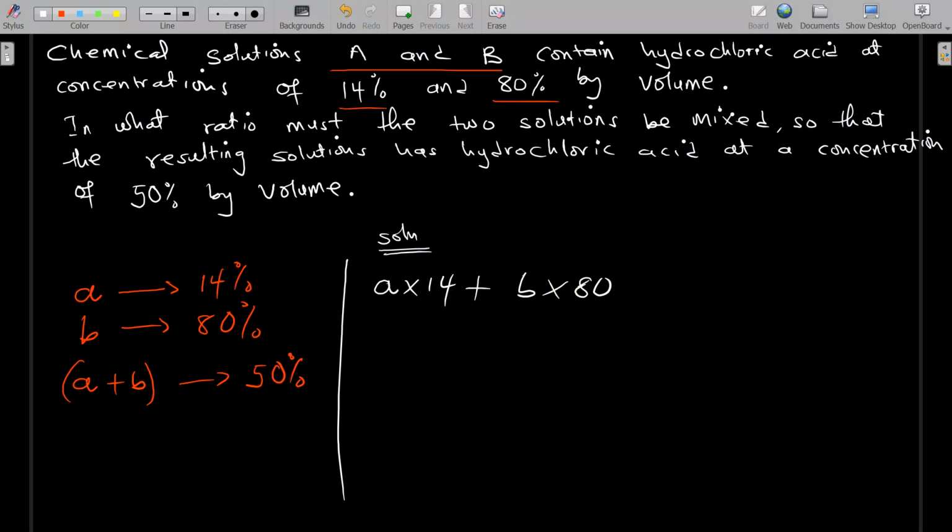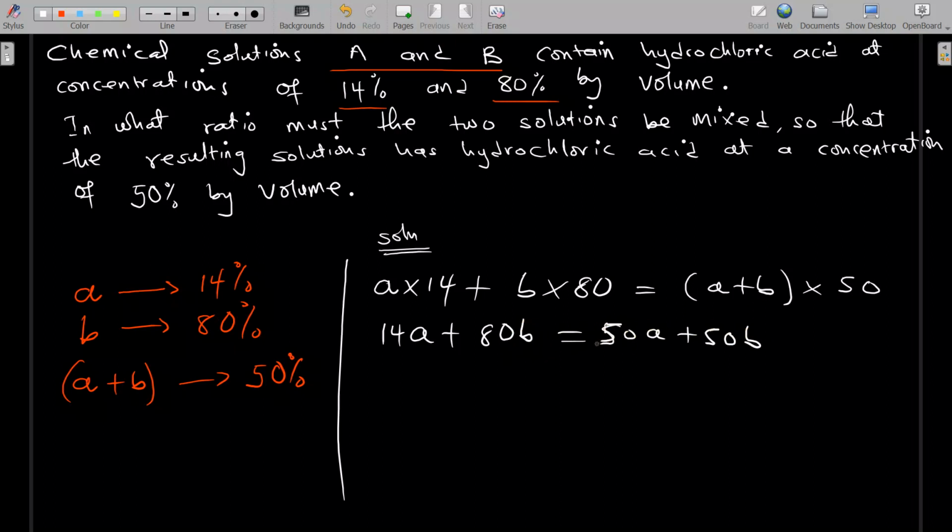The resulting solution is A plus B, and its concentration should be 50. Solving this gives 14A plus 80B equals 50A plus 50B.